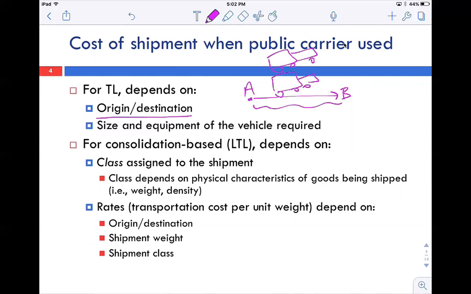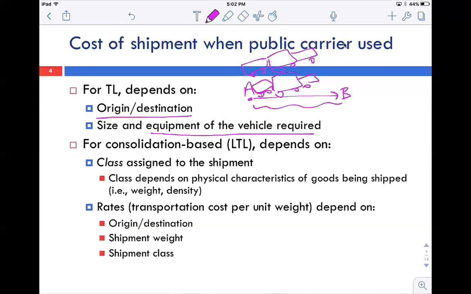Another factor would be the size and equipment of the vehicle required. Maybe you might request two trailers, so a truck can carry two trailers. If you are requesting that kind of equipment, then your price is going to go up for sure. But your unit is again per truckload.